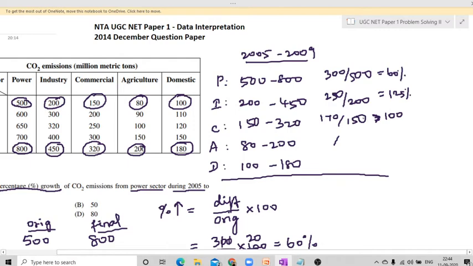I know 10 percentage of this 150 will be just 15, is it or not? Because we cut one zero, we get 10 percentage of any value. So 10 percentage will be 15 and 20 percentage will be 30. Let me repeat. I know 10% of 150 is 15. So 20% of the same number 150 will be double of that, which is 30. So that means 150 plus 30 will contribute 180.